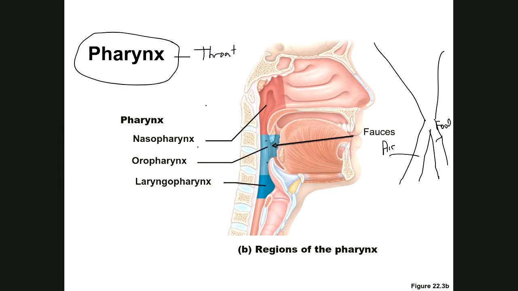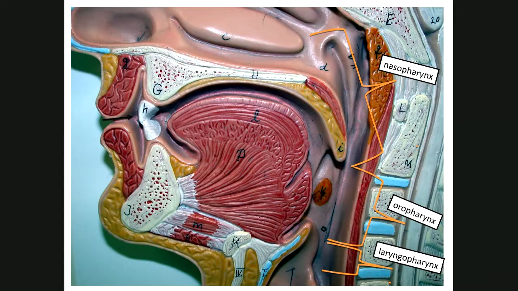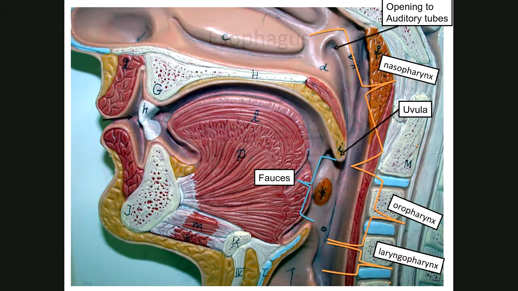When we look at it, it's a muscular tube, but it's divided up into three sections. There's the nasopharynx, the oropharynx, and the laryngopharynx. So let's look at them individually. Here they are. Here's the nasopharynx, oropharynx, laryngopharynx. Well, look at the nasopharynx.